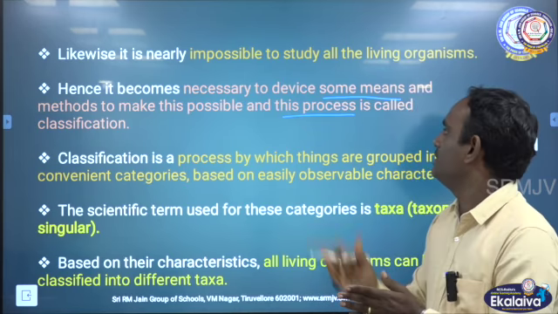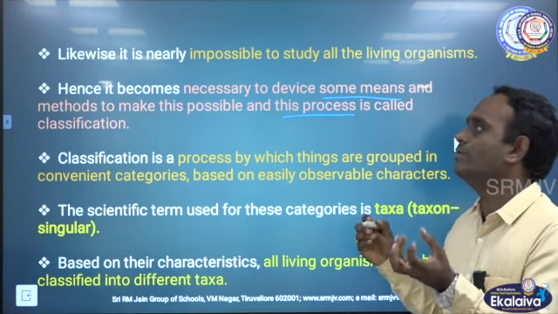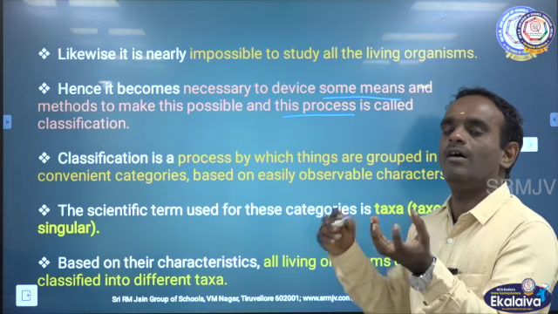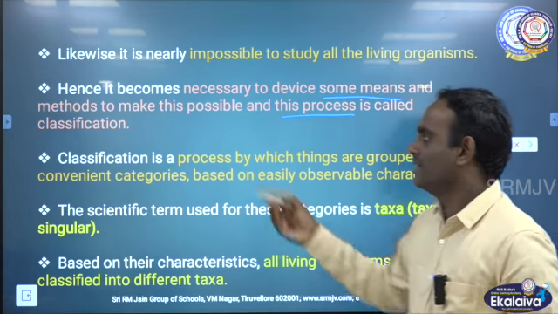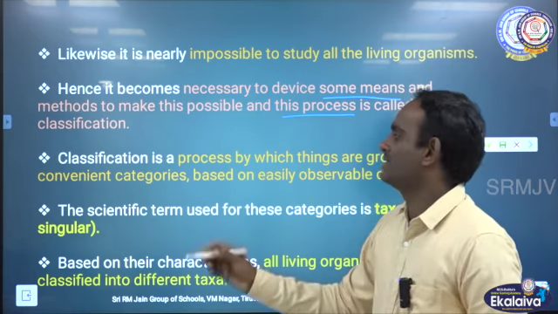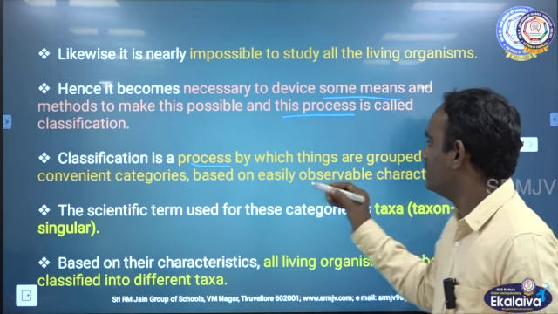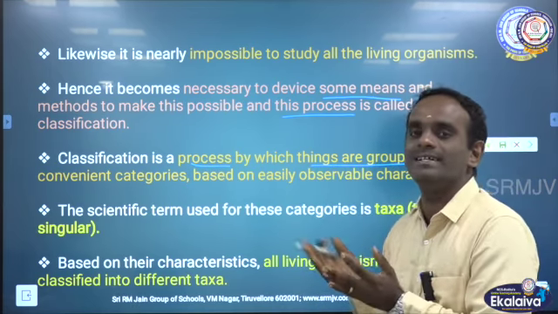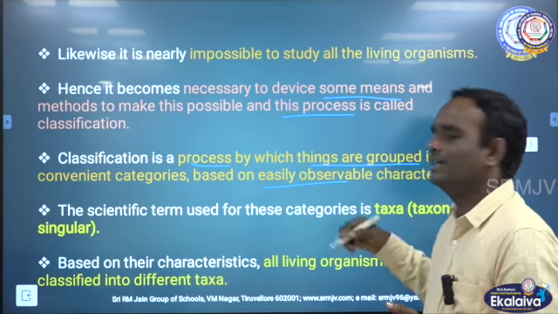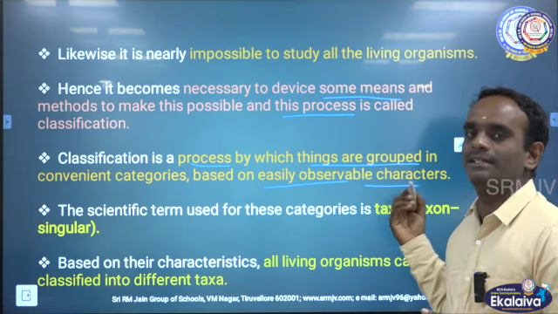It is necessary to study all the different varieties of living organisms. So, what is classification? Classification is a process by which things are grouped in convenient categories based on easily observable characters. Okay.